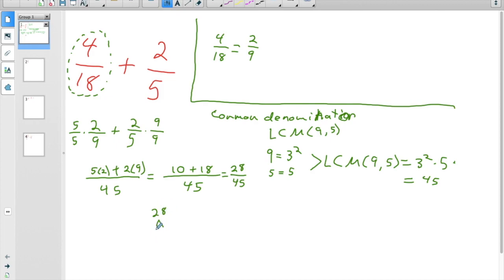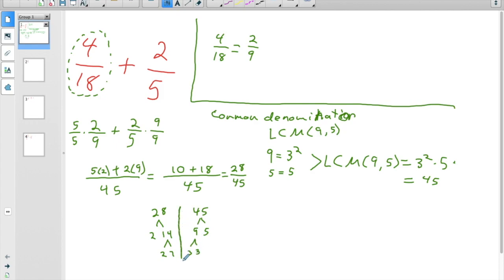So 28 I can write as 2 and 14, and I can write this as 2 and 7. 45 I can write as 9 and 5, or 3 and 3.